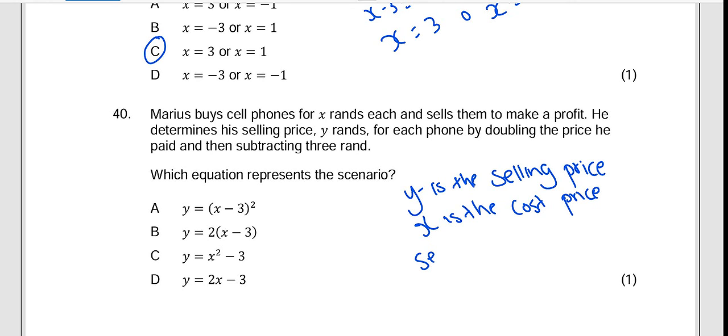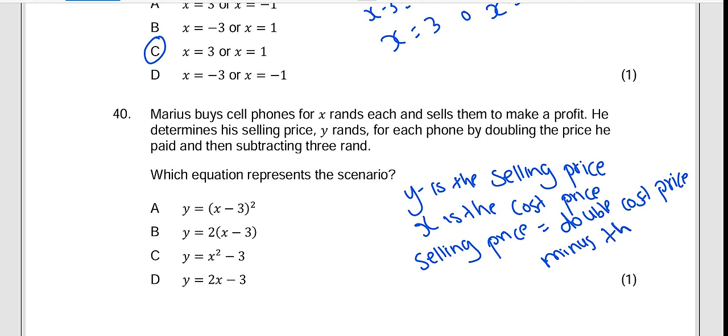And then selling price equals double the cost price minus 3. Double cost price minus 3.